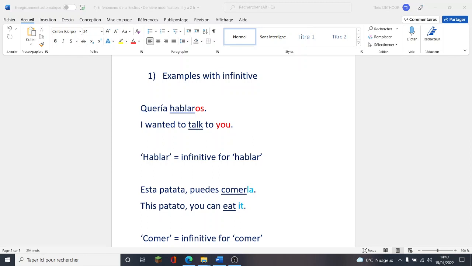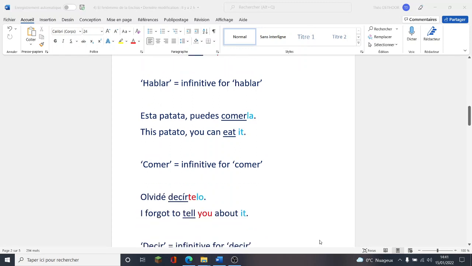The pronoun is separated from the verb, and in this context it's also separated by the preposition to, but in Spanish you need to stick the pronoun at the end. In this case you have an indirect pronoun, which is os in this sentence. And I just noted for you, under the sentence, hablar, which is the infinitive form of hablar.